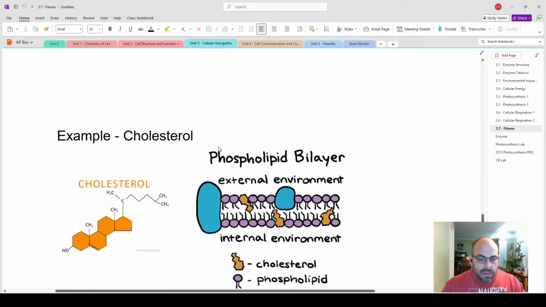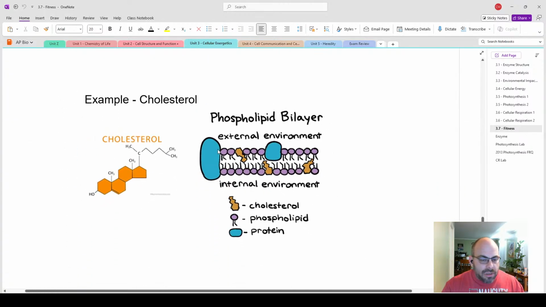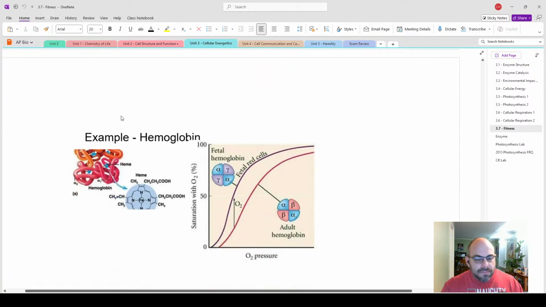So that's it. And then I gave an example of cholesterol. Cholesterol is a steroid in your cell membranes that gives them fluidity, and variations in the amount of cholesterol in cell membranes allow you to live in different kinds of environments.